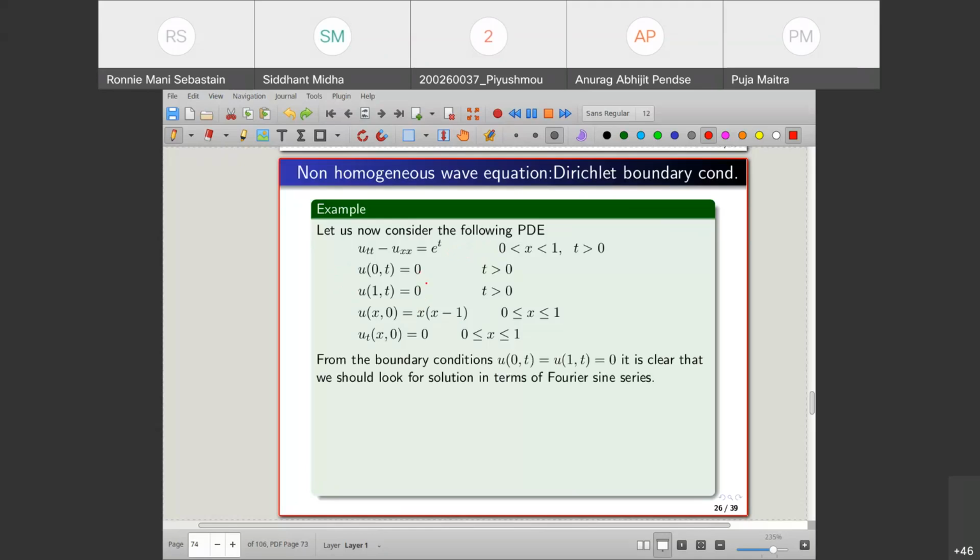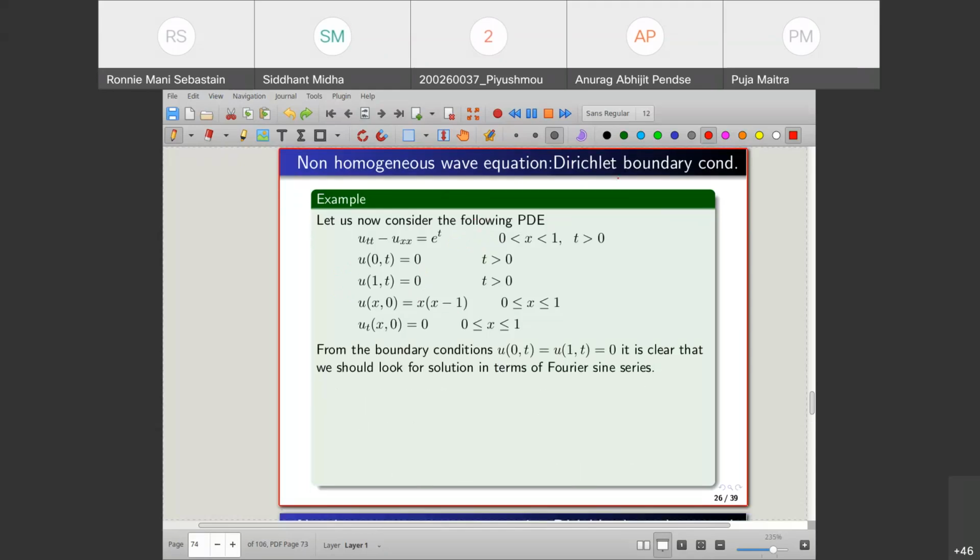Let's go ahead. So from the boundary conditions, we are looking for a series solution for u(x, t). So we should look for some solution of the type u(x, t) equal to the summation n greater than or equal to 1 of Z_n(t) sine(n pi x / L). So L is equal to 1 over here.